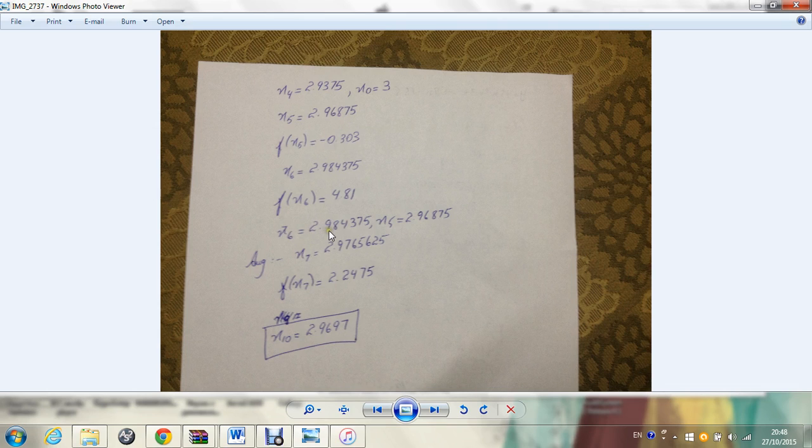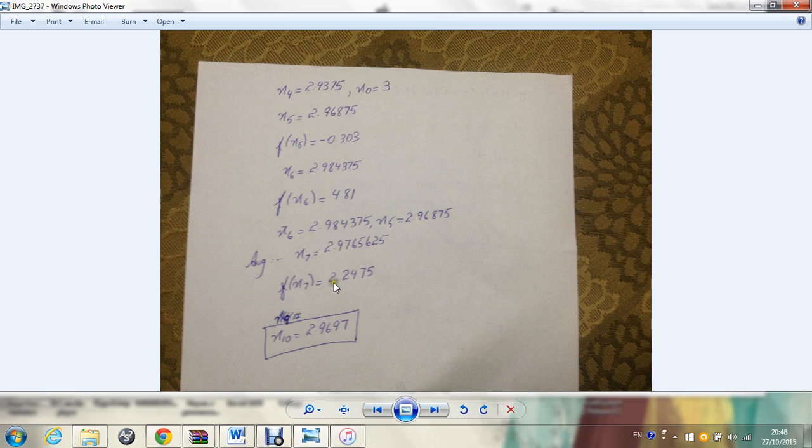Now we will take the average of x6 and x5, which comes as 2.9765625, which is x7. Now if you put this value into the equation, we will get 2.2475.